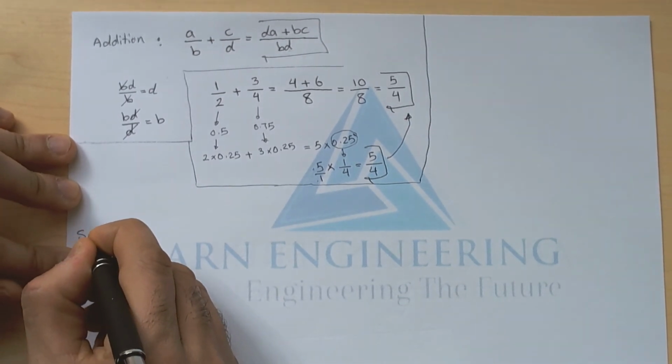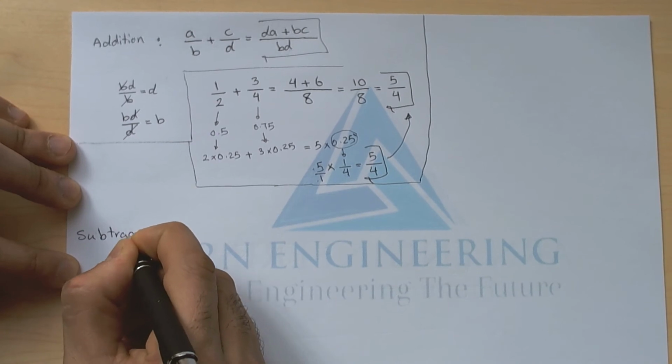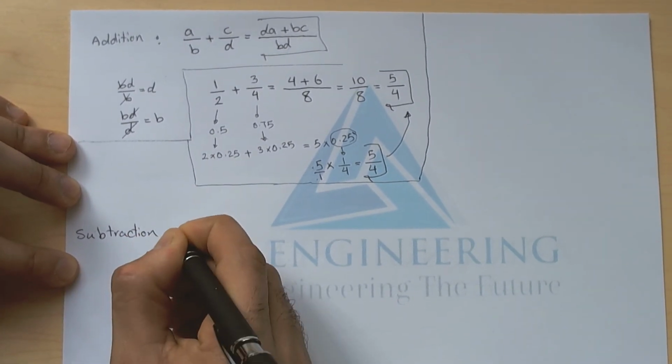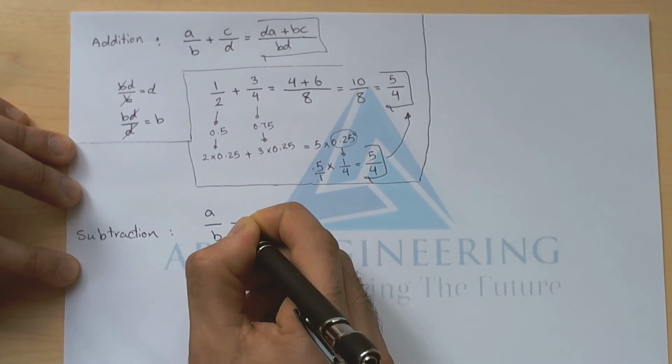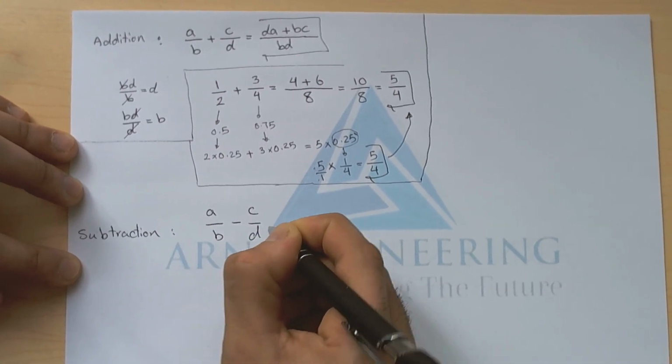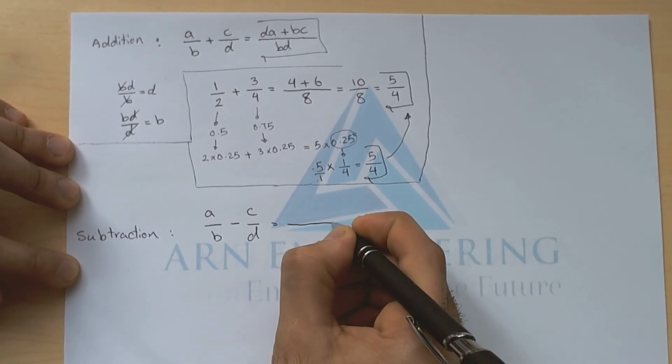Subtraction is essentially the same thing, same process. Subtraction. So A over B minus C over D, right? We do the exact same thing.